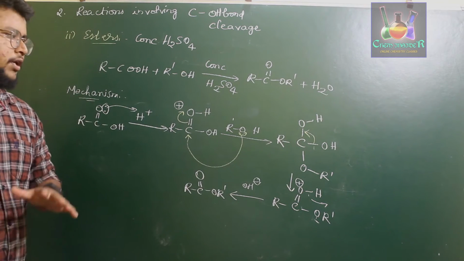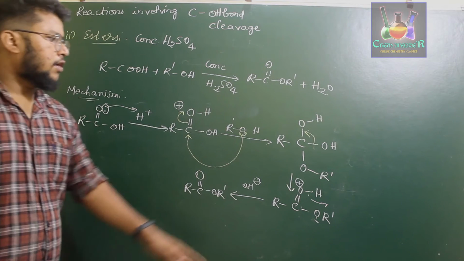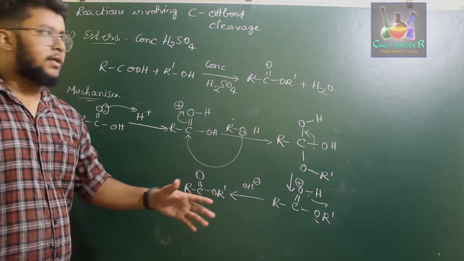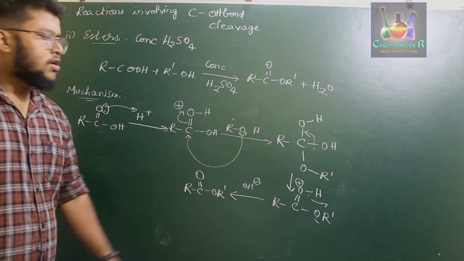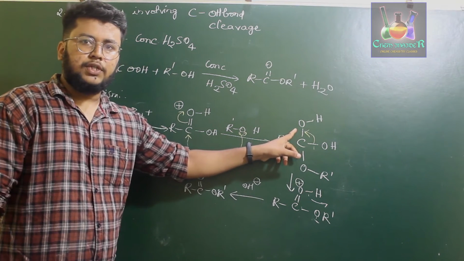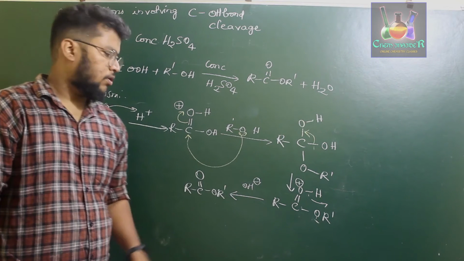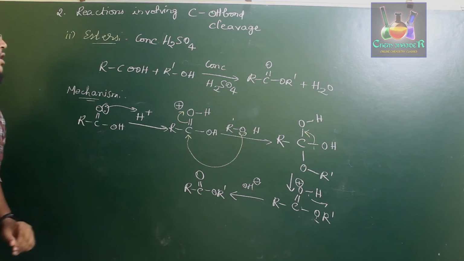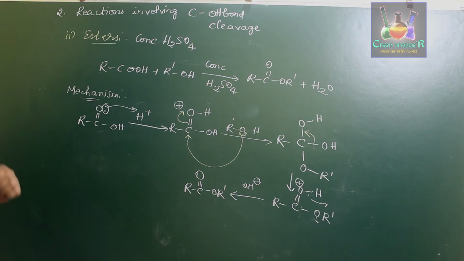Geminal diols are very much less stable. Therefore, one of the OH groups breaks the bond with the carbon atom, which was expected in this reaction. On breaking that bond, the oxygen will again carry a positive charge, which later loses a proton to form a carboxylic ester. Okay, so this is the process of preparation of esters from carboxylic acids.